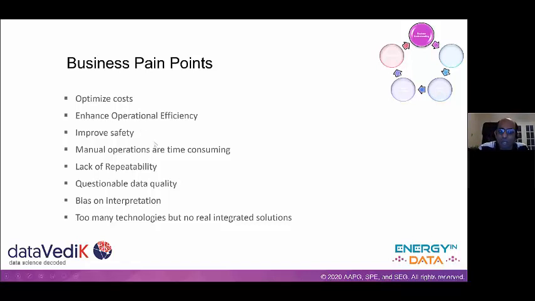Another business pain point, and this is a data science pain point as well, is questionable data quality or poor data quality. Very often when we are trying to work with the data, you will see duplicate data, you will see many different versions of the data which don't match with each other. You will also see sometimes incomplete data, which means some critical values are missing, or inconsistent data stored in different systems.